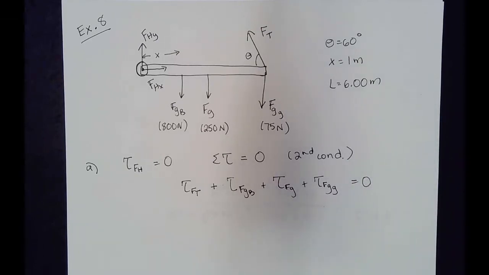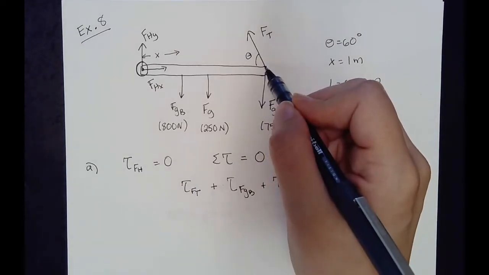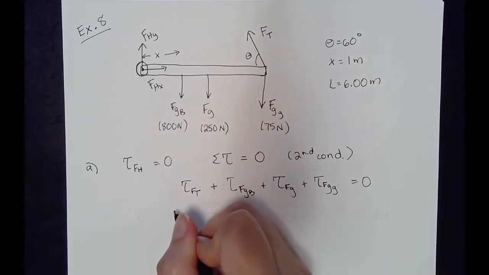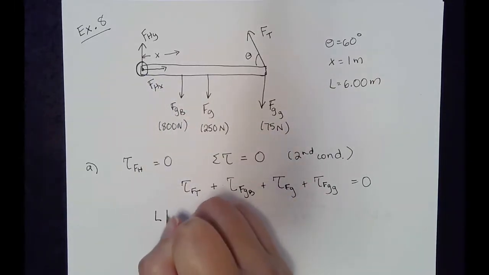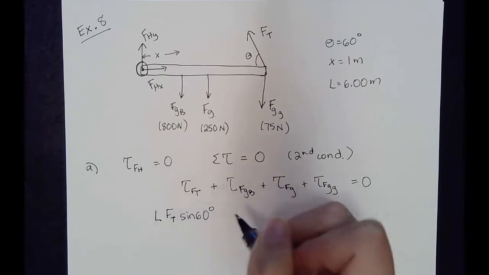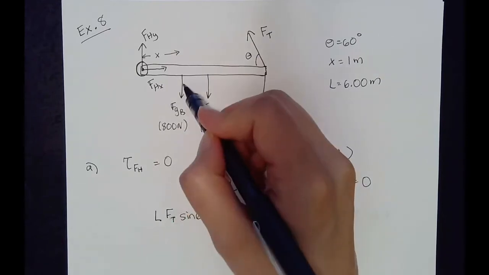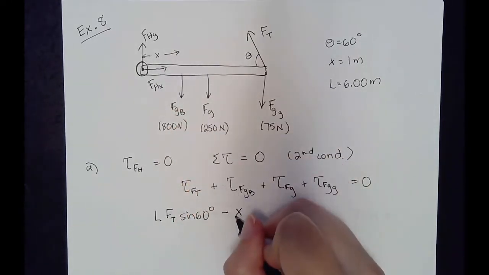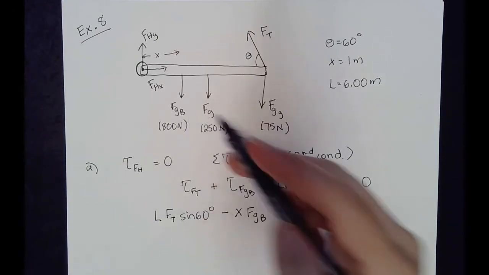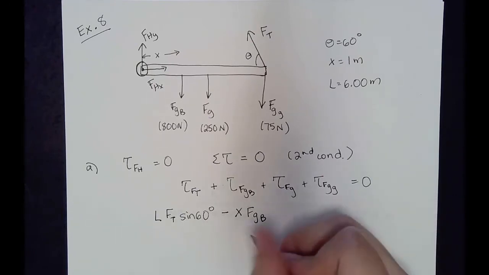All right, so let's fill in the expression for each torque. This tension is at a distance L from the pivot point, so we'll have L Ft sine 60. Again, that was the positive torque. Now these three are negative, so negative, this is at a distance x from the end, so x FGB sine 90. I won't write that in. We have sine 90 just to simplify the expression because we know sine of 90 equals 1.